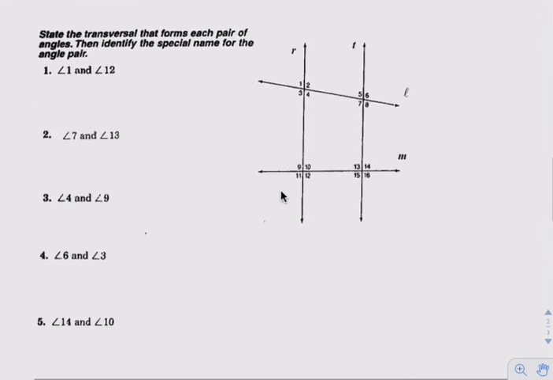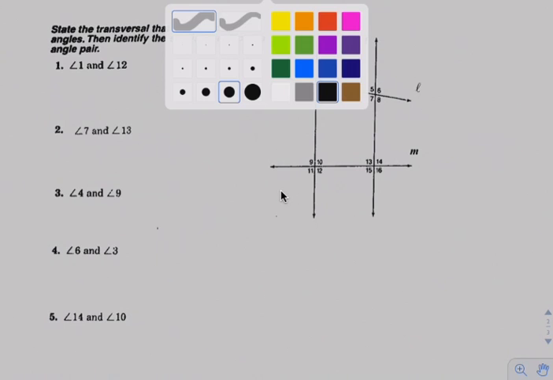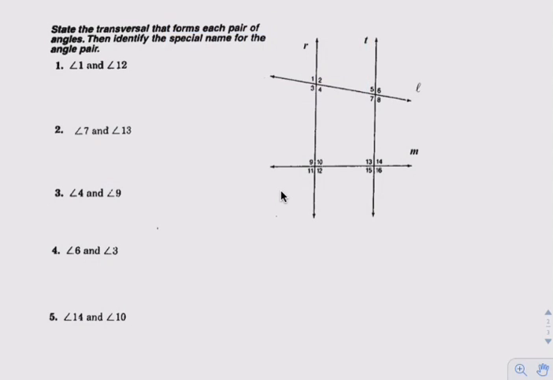Okay, moving on. Sometimes you'll have like 4 lines in the picture, like this one. And when you have that, when they name a pair of angles, you want to sort of pay attention to which lines are actually necessary to form those angles. So for angle 1 and angle 12, what line is necessary to make both 1 and 12?